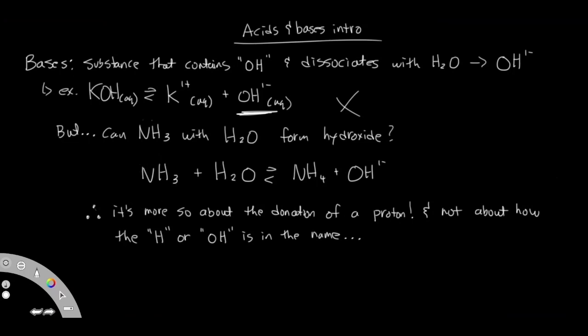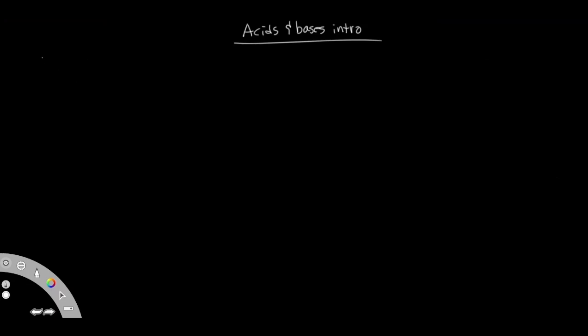Let's have a look at some examples. So I want to reiterate that for a base, it's more so about a substance accepting an H plus, or accepting a proton.